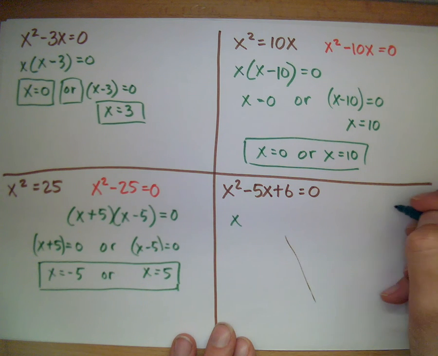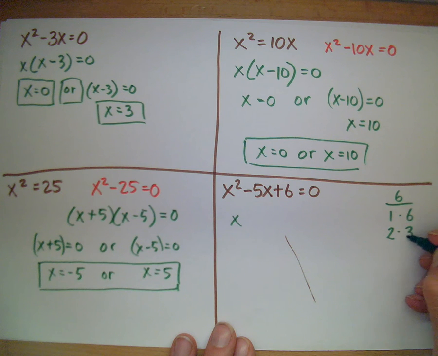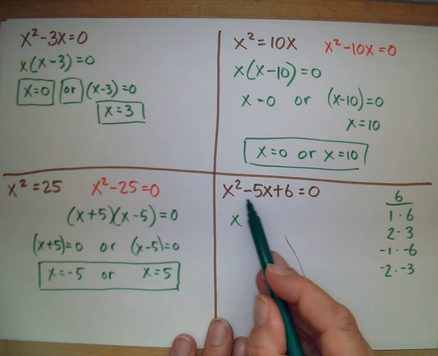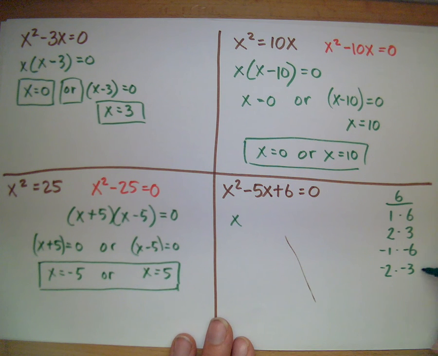This one, let's factorize. The factors of 6 are 1 and 6. 1 times 6, 2 times 3, and -1 times -6, -2 times -3. Which combination of factors adds up to -5? This one does.